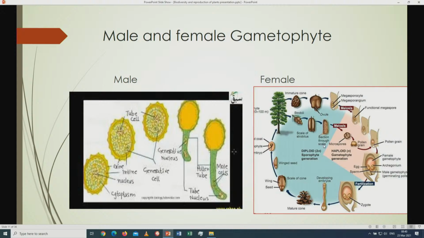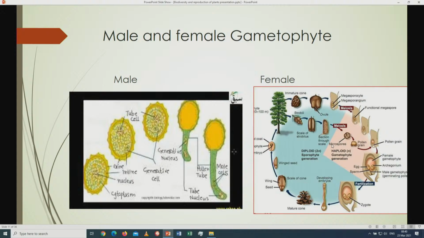And here we get the pollen grains. So the pollen grains, as I said, develop a pollen tube and then they become the male gametophyte. So in the gymnosperms, the male and the female gametophytes are separate.